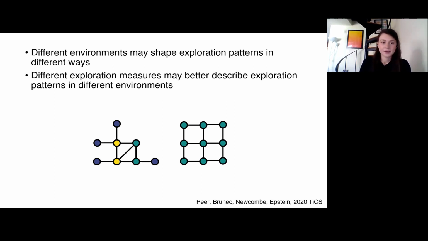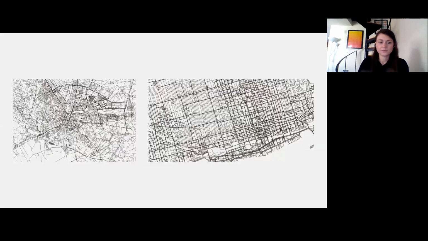So zooming back out again, I presented a little bit of data suggesting that the structure of the environment seems to really matter for the manner in which we build up our cognitive maps. Going back to these examples from the beginning, it could be that the way we even talk about different environments can be related to the way that they are best explored.